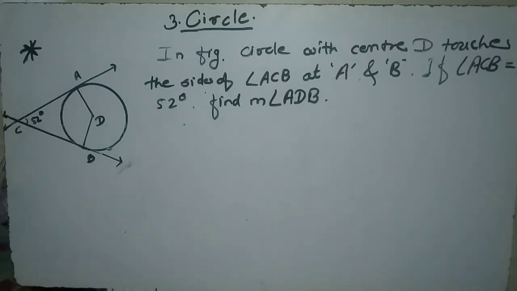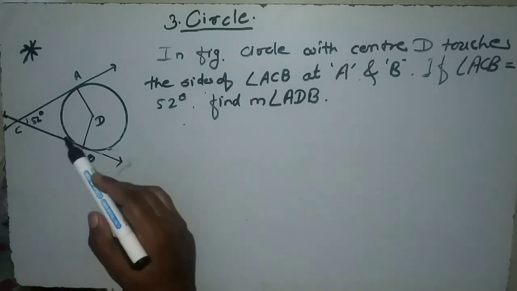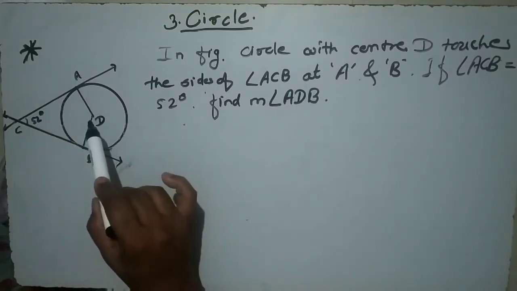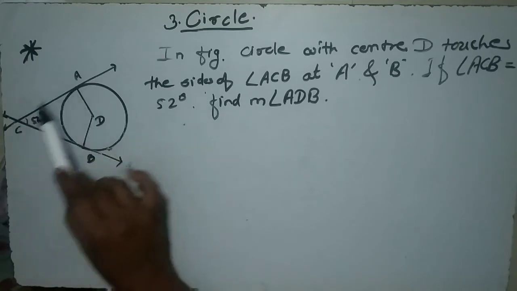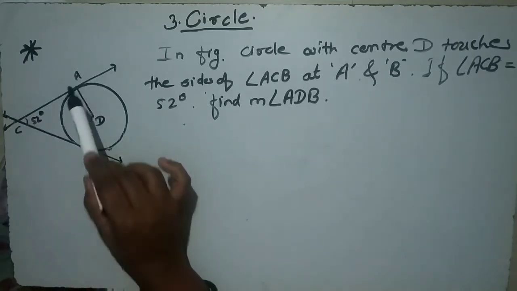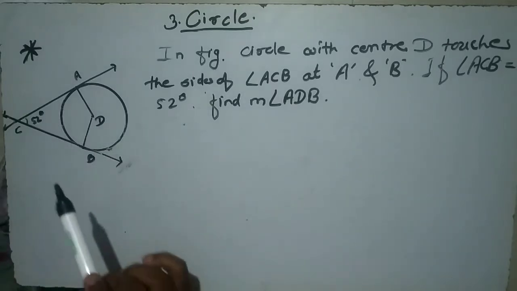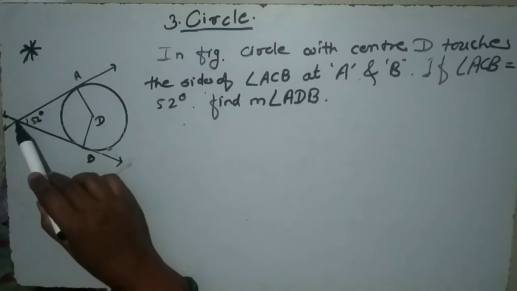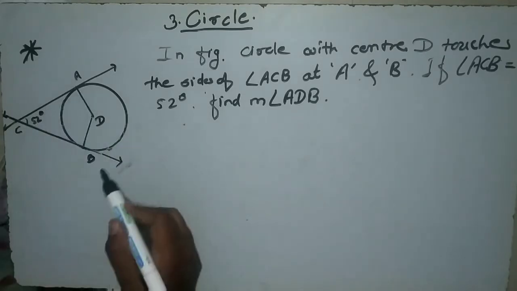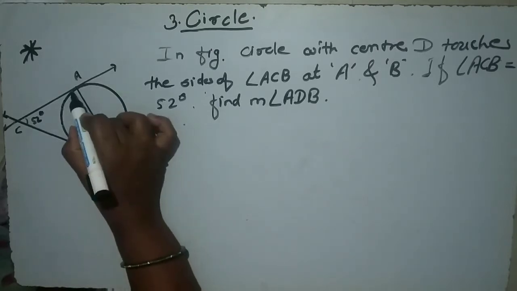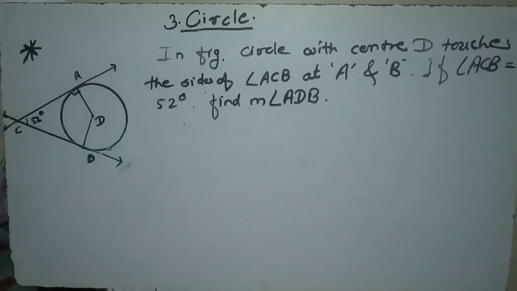We have already studied that the radius is perpendicular to the tangent. So in the figure, AD is a radius and AC is a tangent, and therefore angle DAC equals 90 degrees.